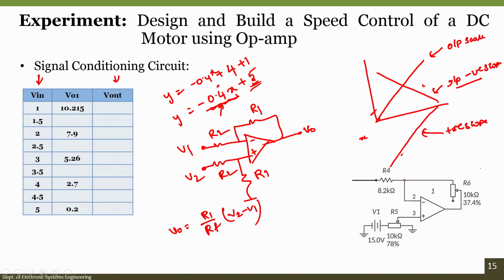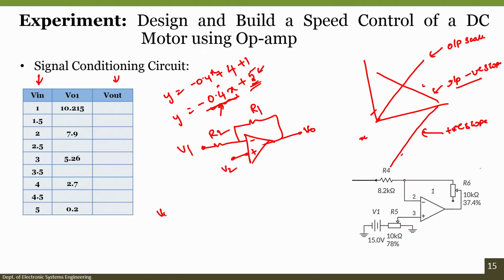But in this case, if I make R1 and RF constant, then the parameter will completely change. Because of that I do not make this R1 and this R1 the same. So, I will take different R1s and R2s.